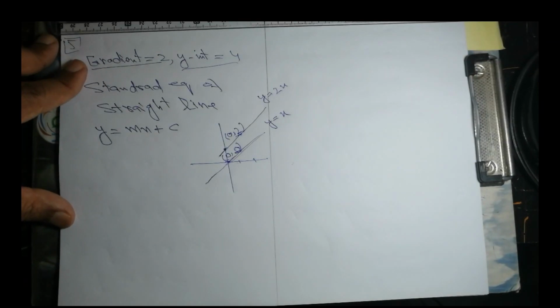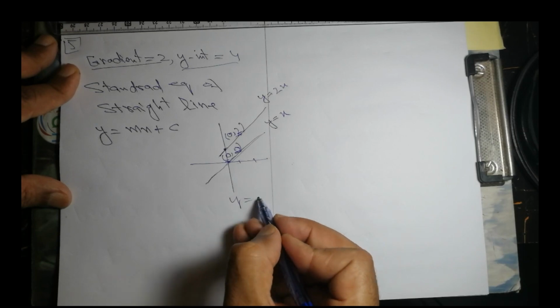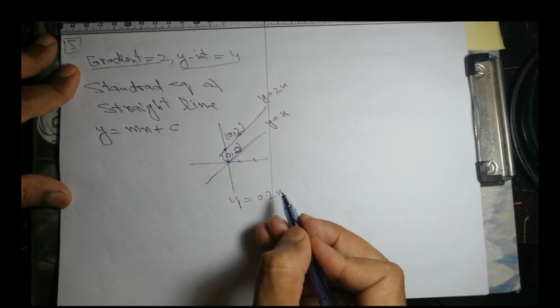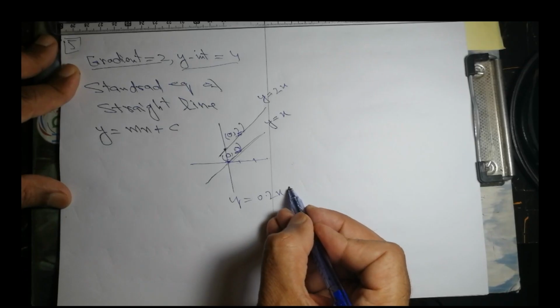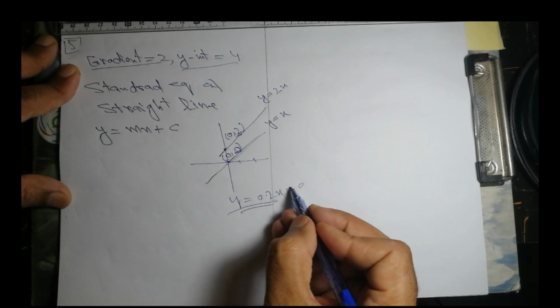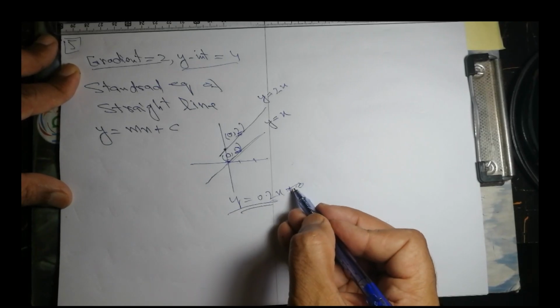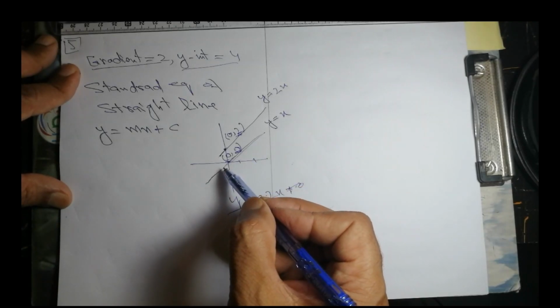So for any line without a constant term, for example, previously we saw the question y equal to 0.2x. Here there was no y-intercept given, which means 0. It has 0 y-intercept because it is passing through the origin.